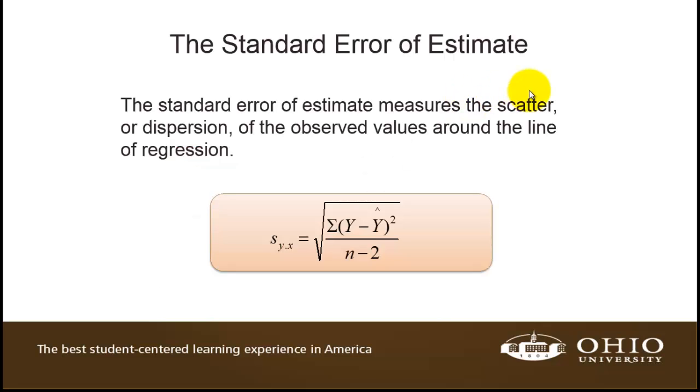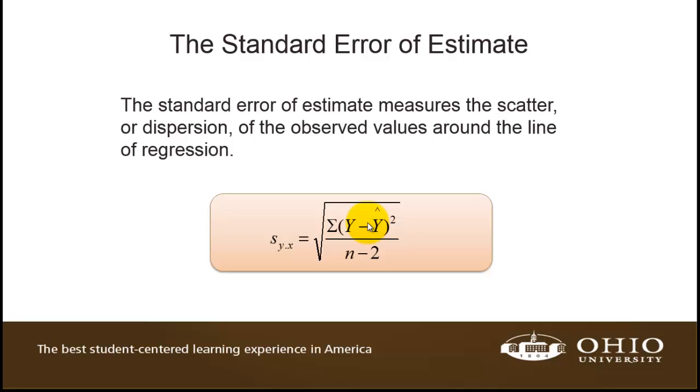A second measure that we're interested in is the standard error of the estimate. Note that the formula for that takes the value for y and subtracts the estimated value from the regression line from that. So what you're really saying is that's a measure of the unexplained variation. We would like the unexplained variation to be small.